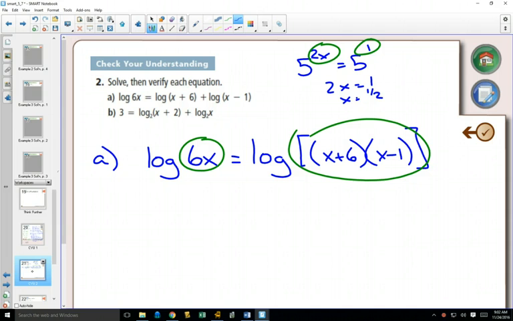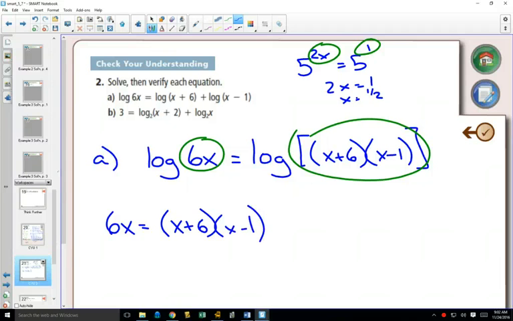As soon as I would add a +1 to that side or something like that, you wouldn't be able to use this shortcut, because this shortcut only works if you can write both sides as a single log and they have the same base. So in this case, you will get 6x equals x plus 6 times x minus 1.